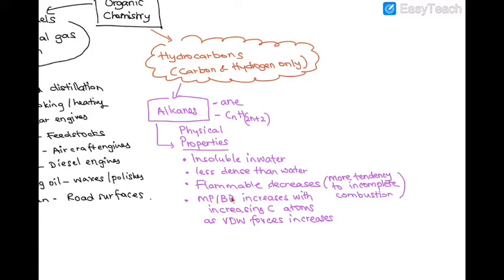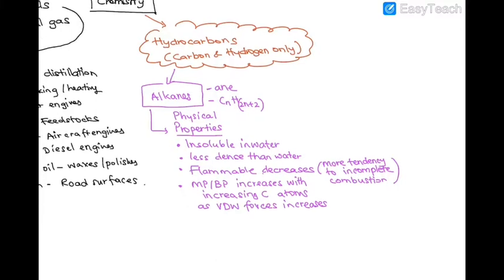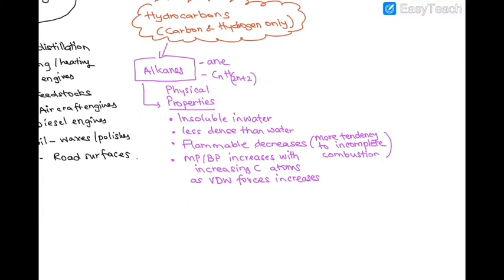And also the melting point and boiling point increase with increasing carbon atoms. This is because the van der Waals forces increase. So the alkanes become more packed, so there's more interactions between the alkane molecules. These are all the physical properties.